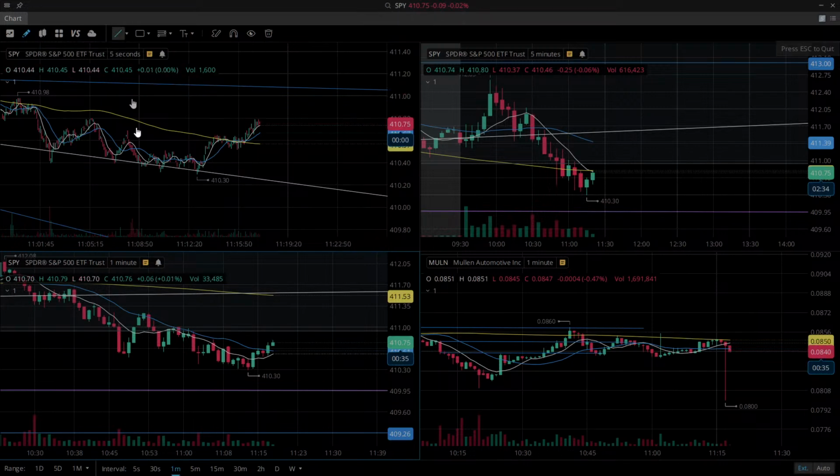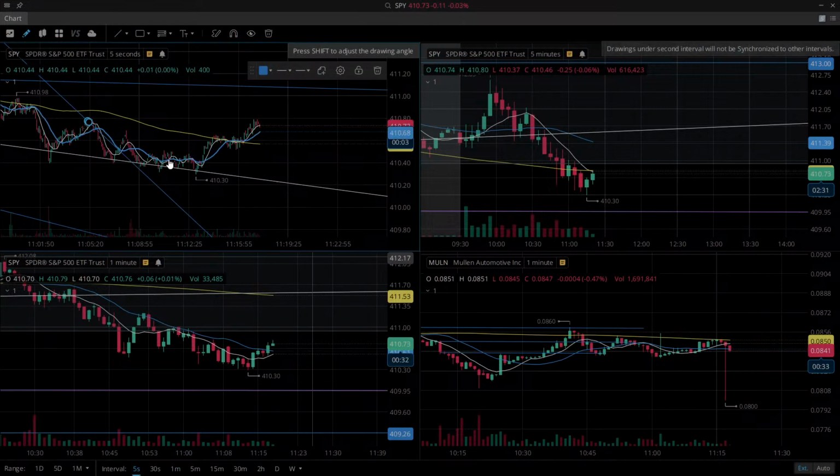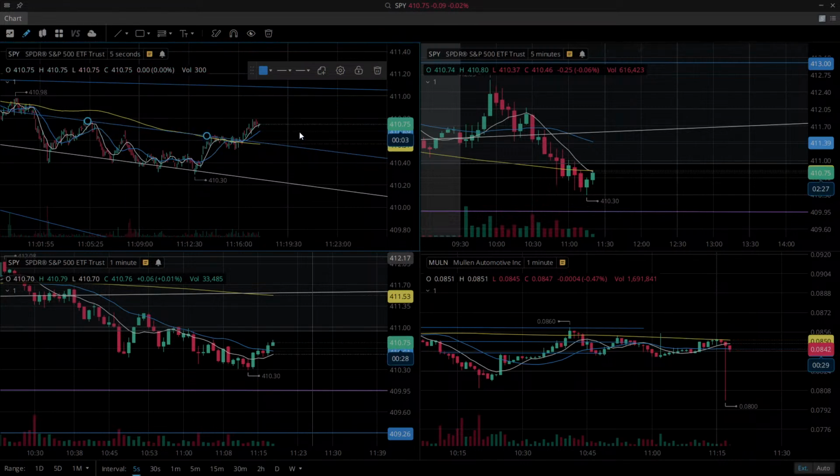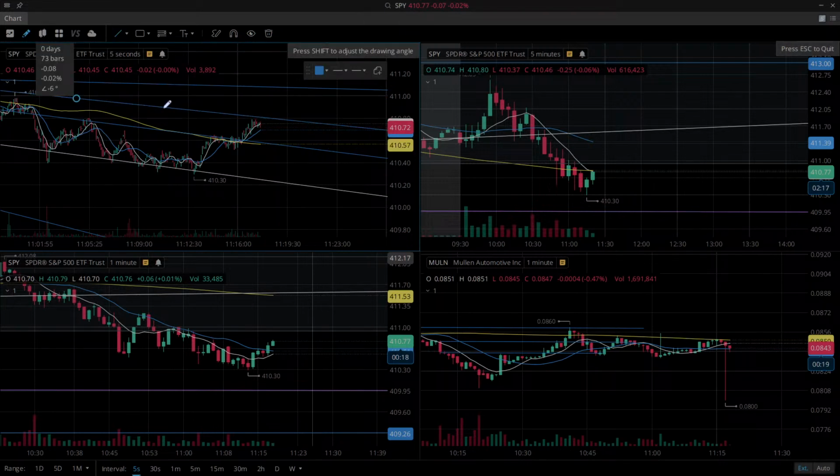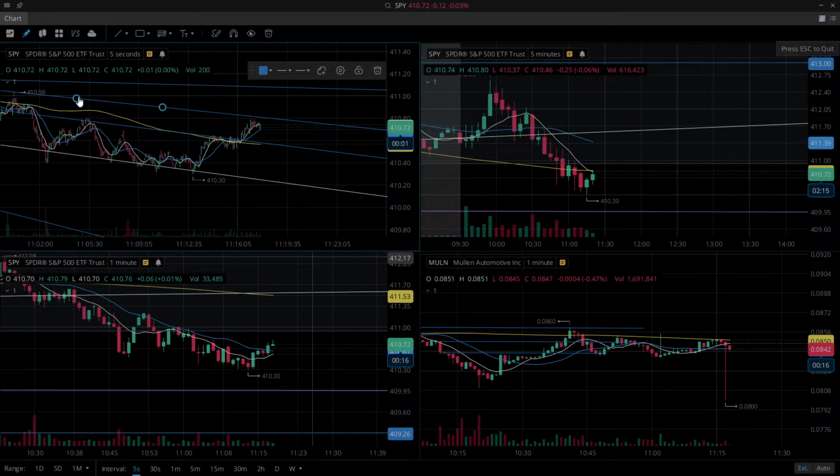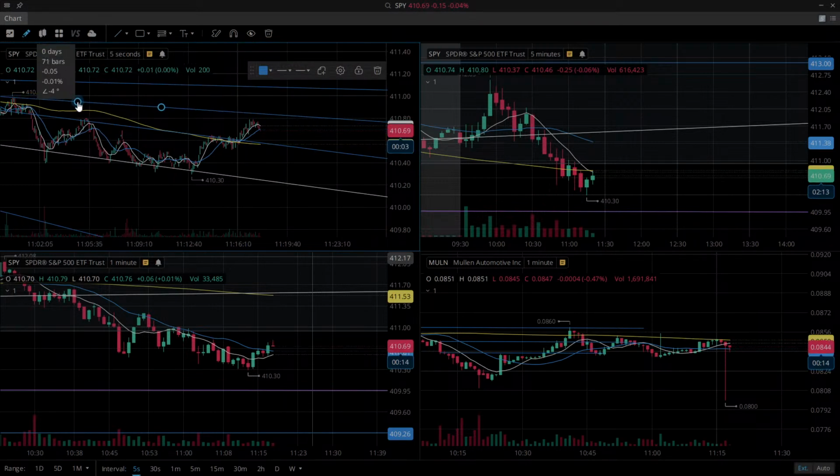1 for 1 done on the fan here. Oh, come on. Give me my drawing. There's one consolidation. There's a division line here. I never had issues with the drawing tool on this until I started drawing a lot more lines.